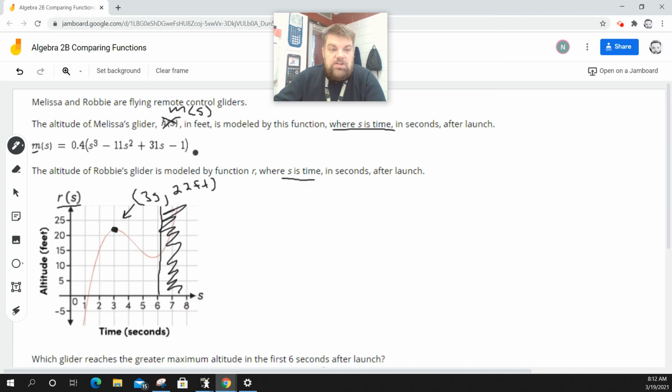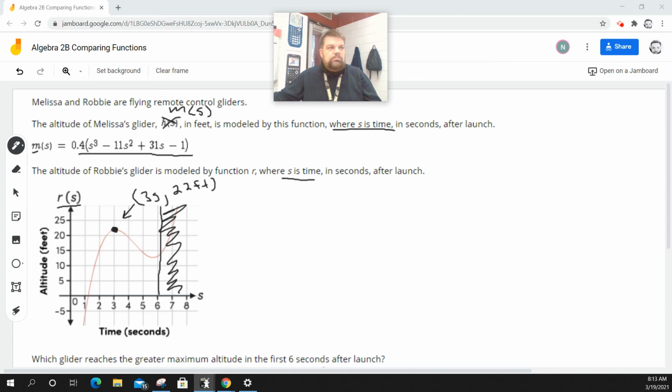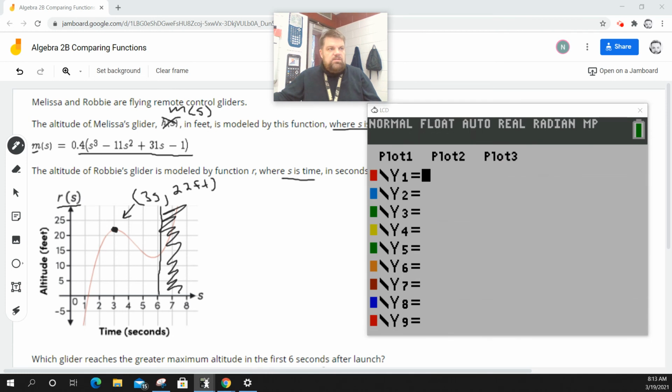So now what we got to do is just plug this into our calculator and find out how high Melissa gets. We could look at the graph too and find out when it reaches a maximum height. So let's plug this into our calculator. I'm going to type in 0.4 times the quantity.